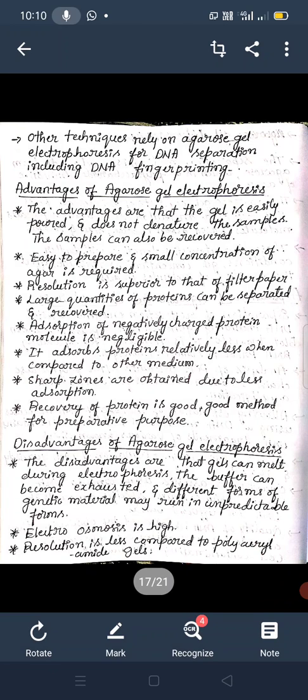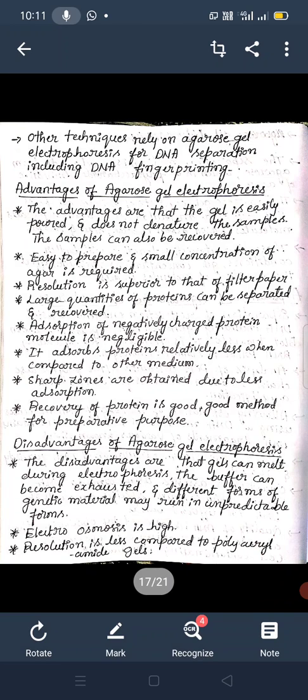It is easy to prepare and a small concentration of agar is required for this technique, and the resolution is superior to that of filter paper, and large quantities of proteins can be separated and recovered, and adsorption of negatively charged protein molecules is negligible, and it absorbs proteins relatively less when compared to other media. Sharp zones are obtained due to less adsorption, and recovery of protein is good, and it is a good method for preparative purposes.